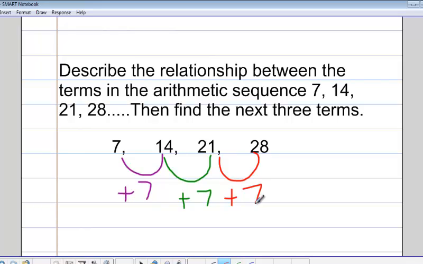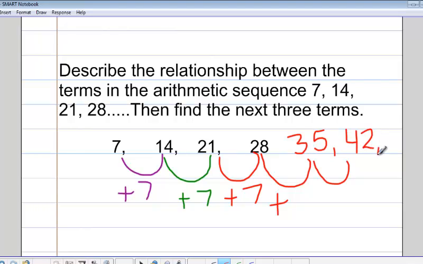So since each term is found by adding 7 to the previous term, we can go ahead and continue the pattern to find the next three terms. If we add 7 to 28, we will get 35. If we add 7 to 35, we will get 42.